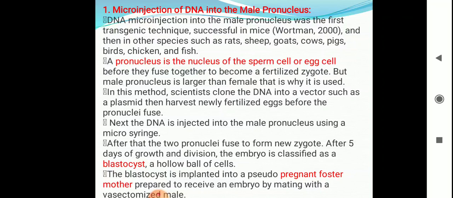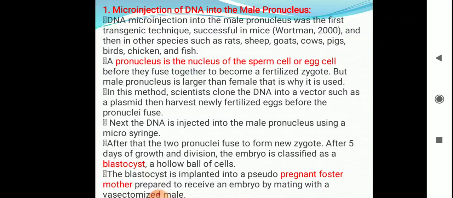After that, the two pronuclei fuse to form the new zygote. After 5 days of growth and divisions, the embryo is classified as a blastocyst, a hollow ball of cells, first the morula and then the blastula, and when a cavity is formed, it is the blastocyst.